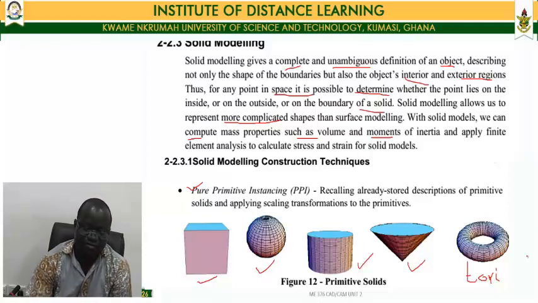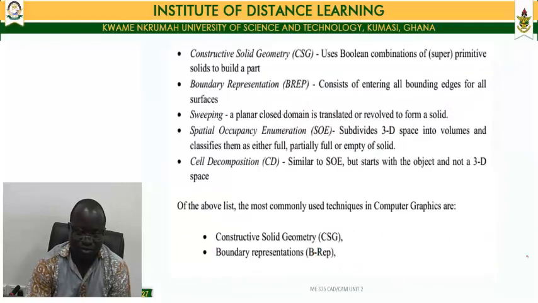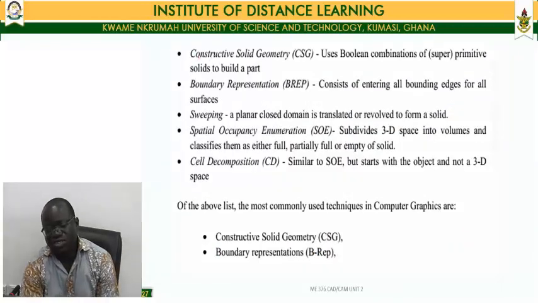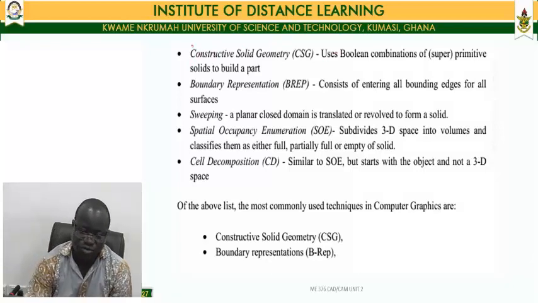Now the second type of solid modeling construction technique is called constructive solid geometry, which is the CSG. One of the most popular techniques, CSG. In CSG, it basically uses Boolean combinations of primitives to build a part.